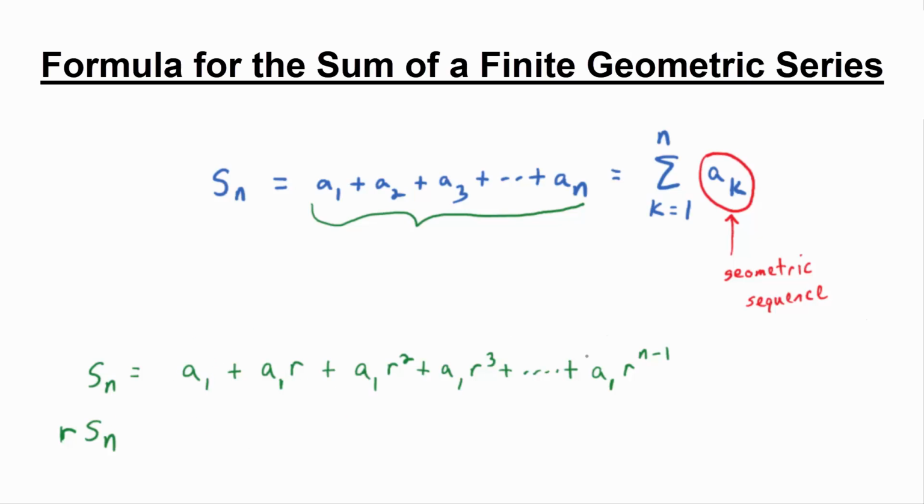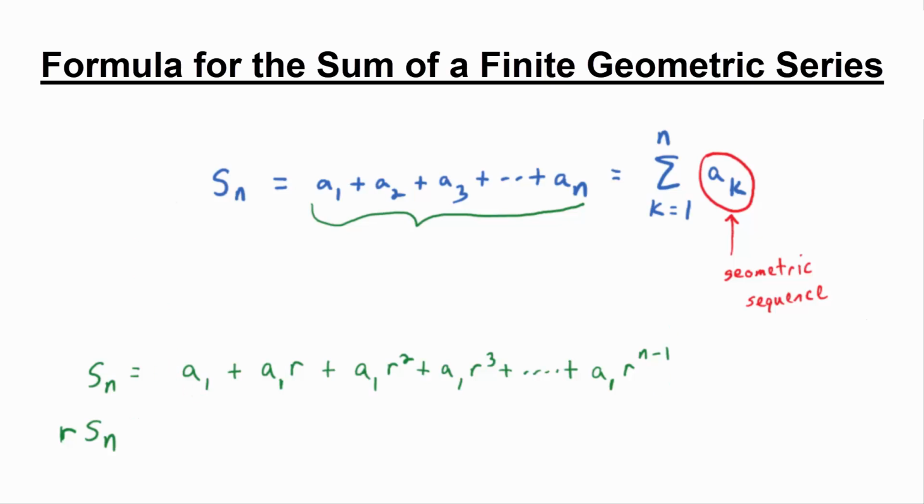But if I multiply a finite sum by R, what can I do with that R? I'm not going to show the work here other than to show you this real quick. I'm going to multiply both sides by R. What do I have to do with this R? Distribute, right? So keep going. I want to write it below.